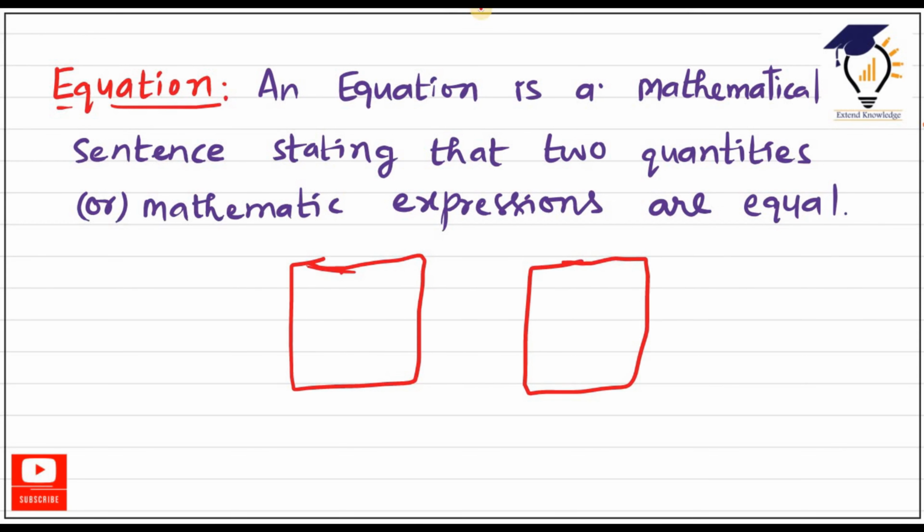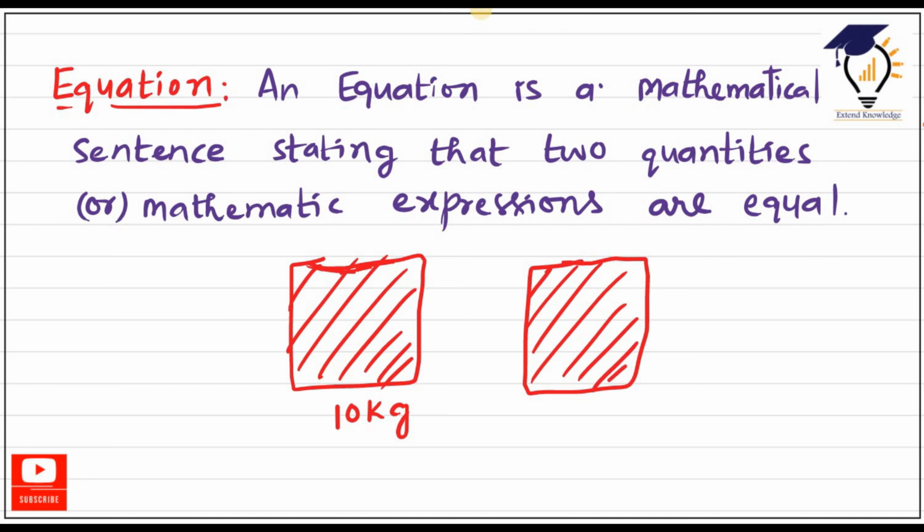If the weight of this complete block is 10 kgs, and I'm putting its block with 10 kgs, you can see that the two blocks are equal, right? So equating two quantities is nothing but an equation. Here you can see the symbol of equality, which shows both sides are equal.